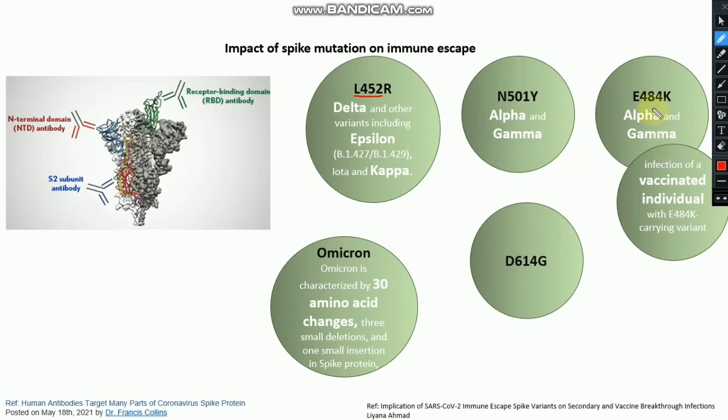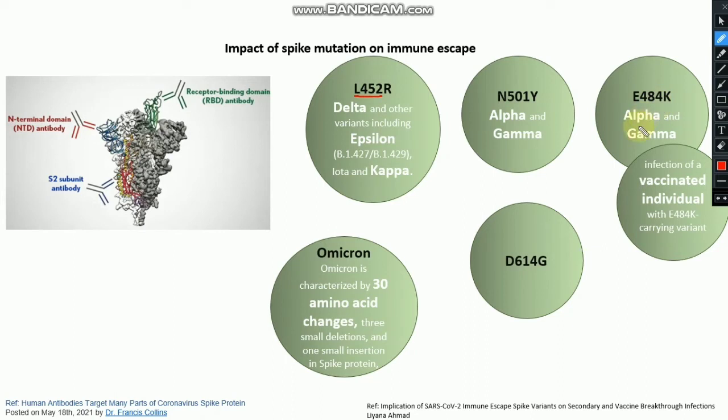But here is another important thing: this mutation helps the engagement of the receptor to the S2 receptor. All right, so this mutation enhances engagement to the S2 receptor, and they can engage to the S2 receptor for a longer time.